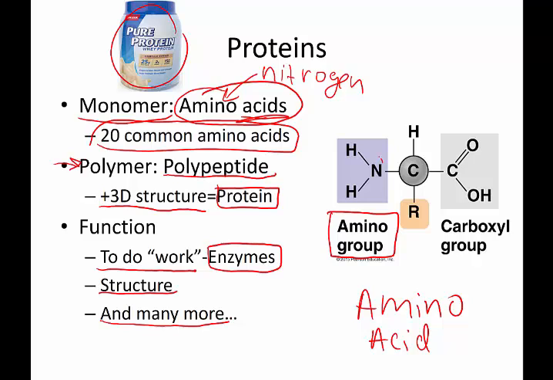Amino groups contain nitrogen and 2 hydrogen atoms. There's then a central carbon, the gray sphere. We then have an R group. The R group is sometimes called the variable group.